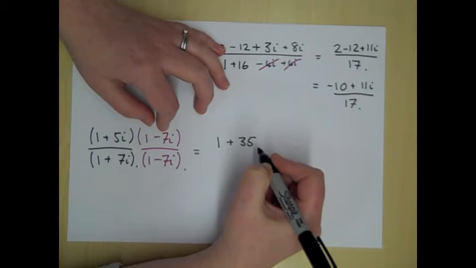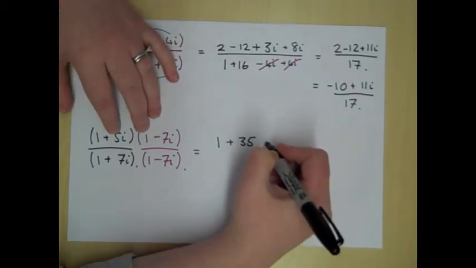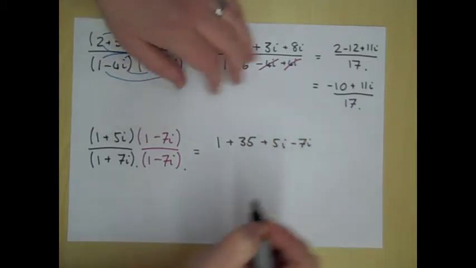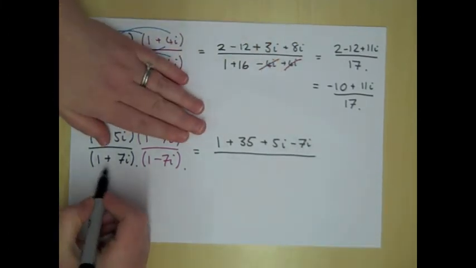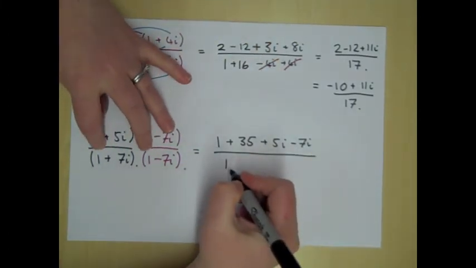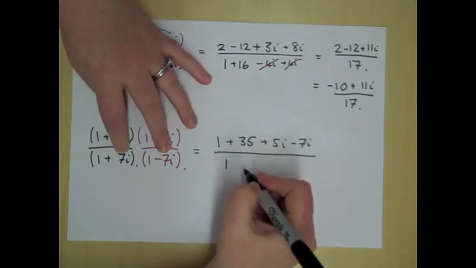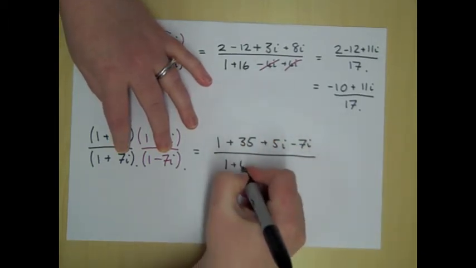And then I have plus 5i minus 7i, divided by 1 times 1, and then 7i times minus 7i, which is minus 49i squared, or plus 49.